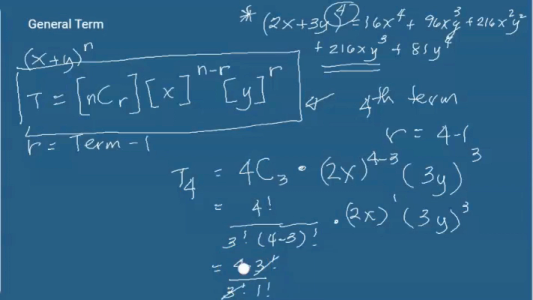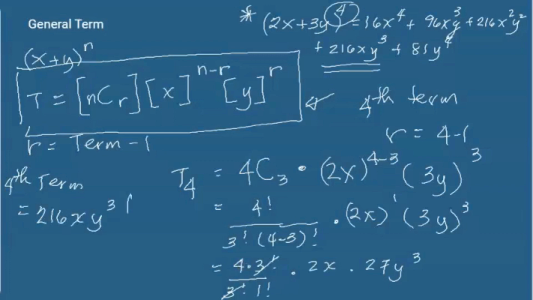So cancel that. Times 2x times 27y cubed. So our fourth term is equal to 27 times 2 times 4, which is 216 x y cubed. So we get the same term.